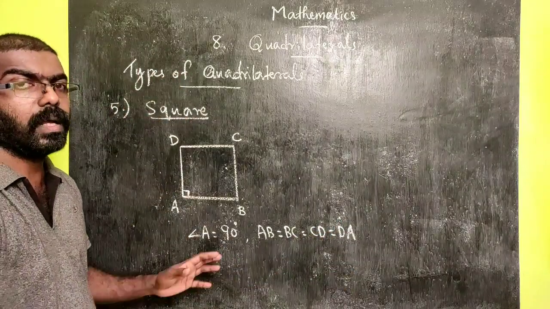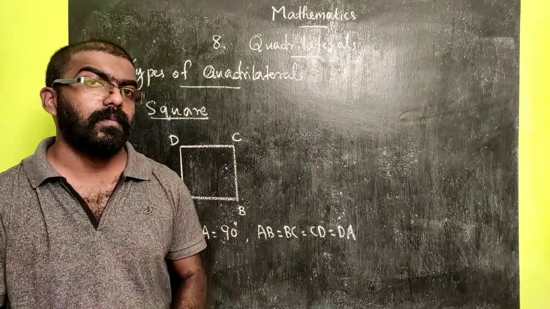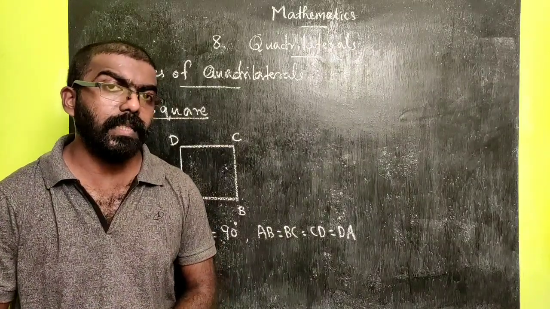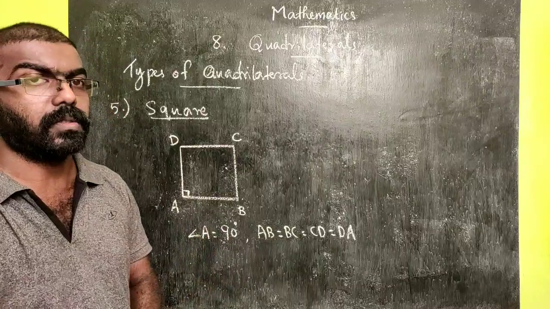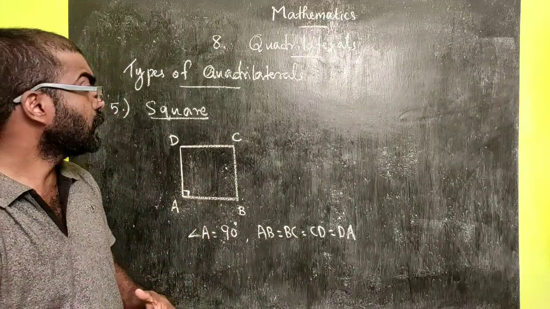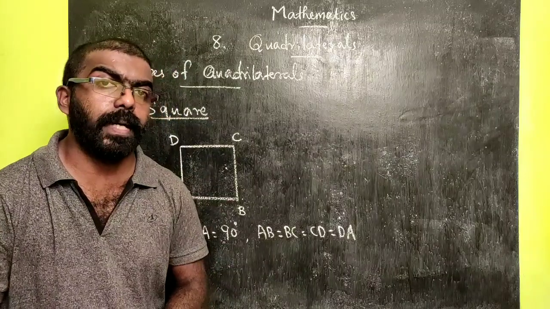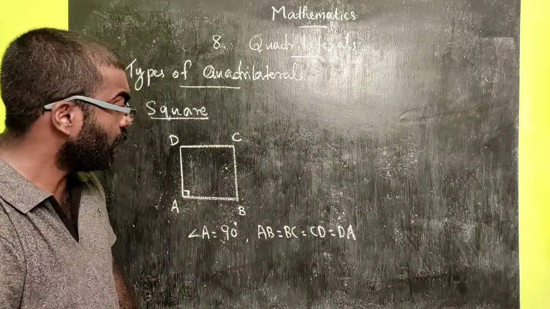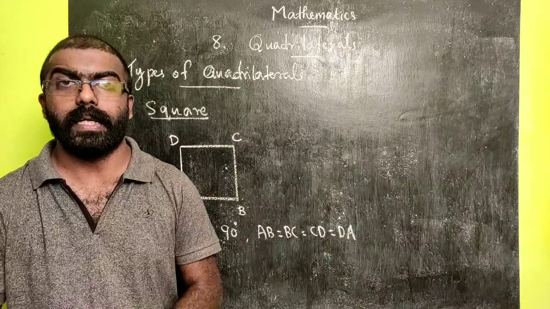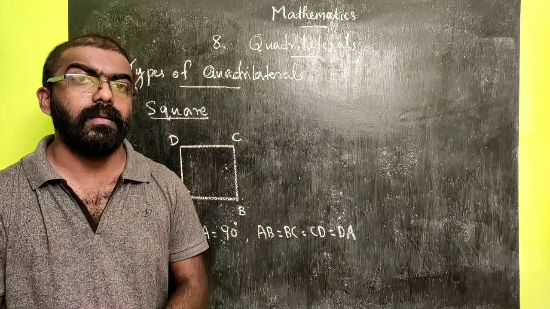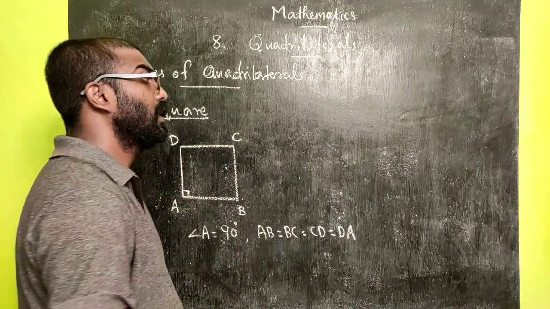Four sides are equal and the angle is equal to 90 degrees. So if a parallelogram satisfies these conditions, then we can conclude it is a square. Clear? Now the next one is kite.